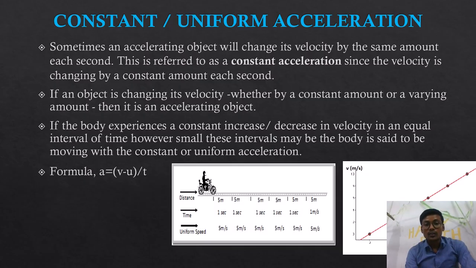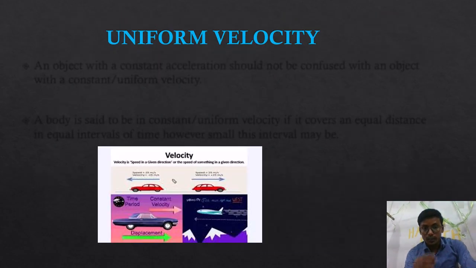This is referred to as constant acceleration, since the velocity is changing by a constant amount each second. You can see the formula of acceleration, v minus u divided by t, where v means final velocity and u means initial velocity. So we go to the next slide.